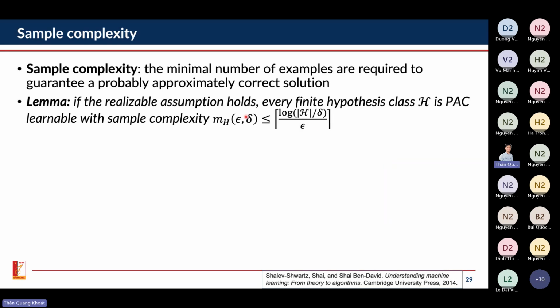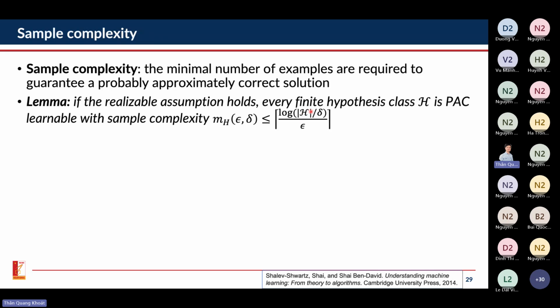Okay. If we work with a very complex model family, and in that case the realizable assumption can hold, that is, there exists a member in that family that can accurately approximate the true function, then the sample complexity of this family is bounded by this quantity, right? Here we denote this number, which represents the size of the model family.